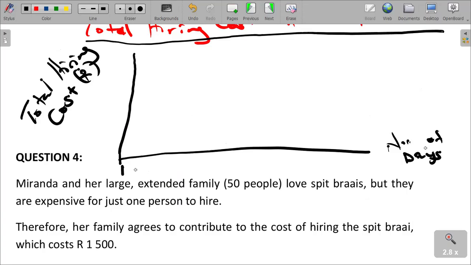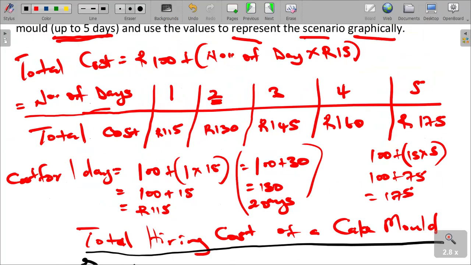So we can say 1, 2, 3, 4, 5. And then our hiring cost, the smallest is what? The smallest cost is 115, and the highest cost is 175. So we can choose a good scale, or a good interval.